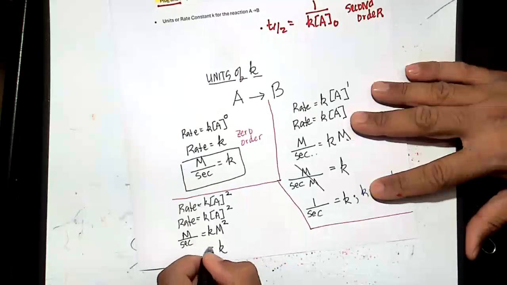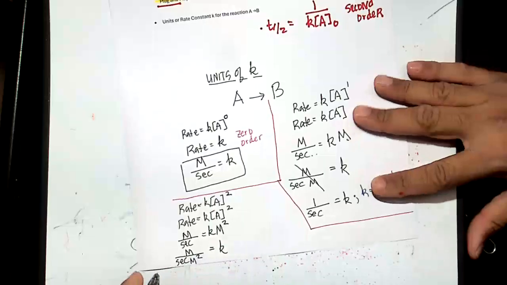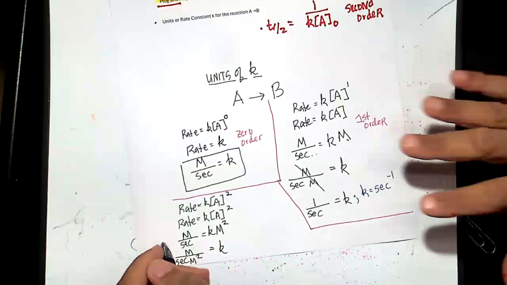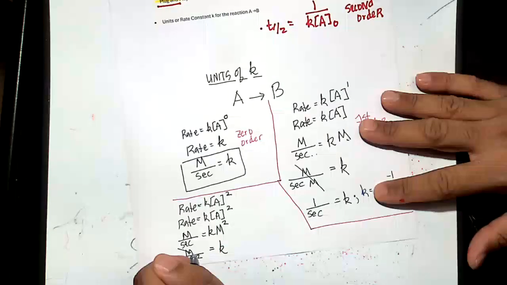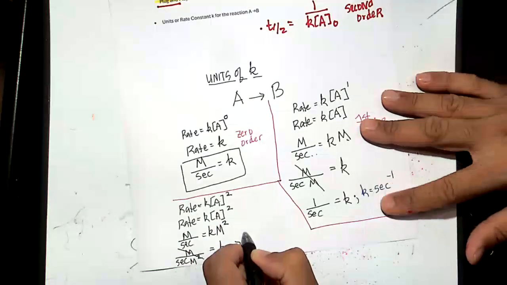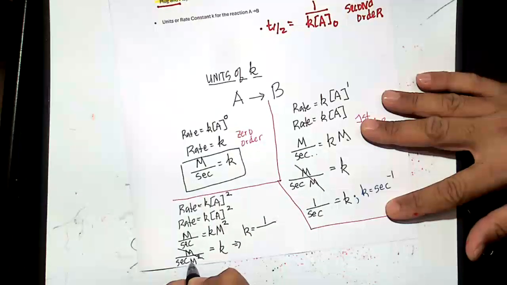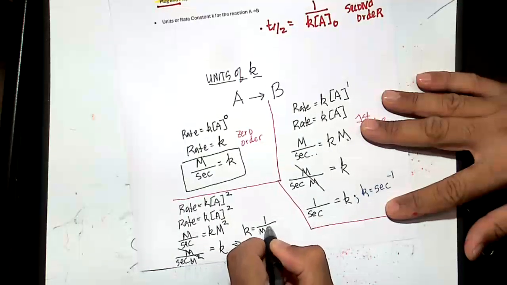So we're going to isolate K, and this is going to be M over seconds over M squared. Do you see here that one of the M's cancels? So what are our final units of K? It's 1 over M, 1 over seconds.